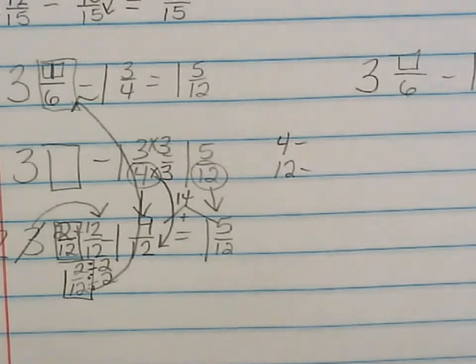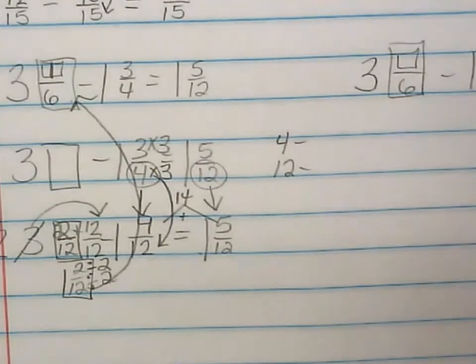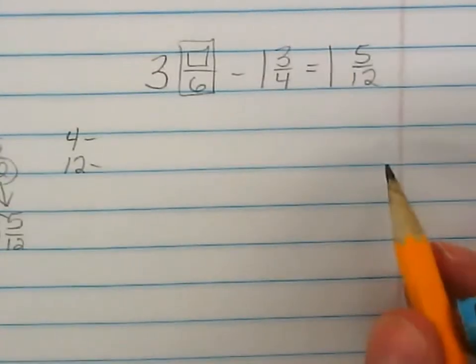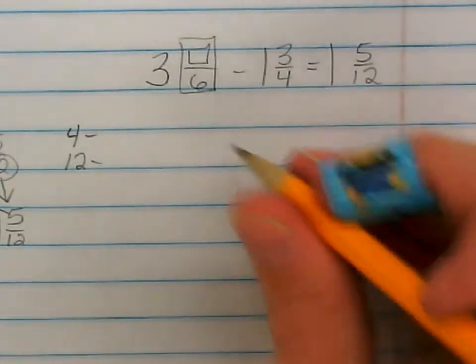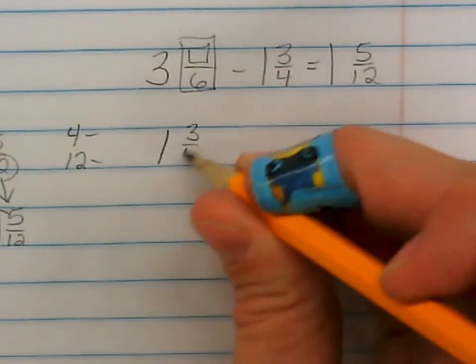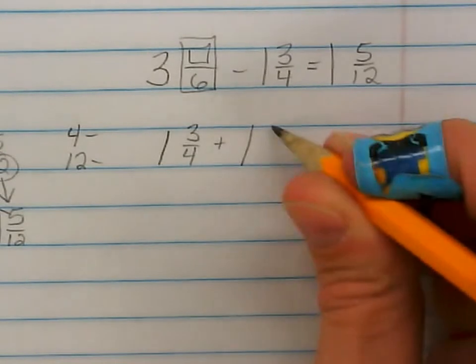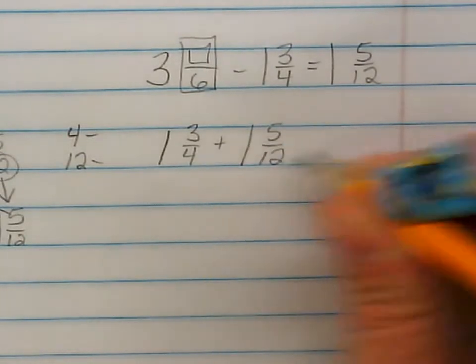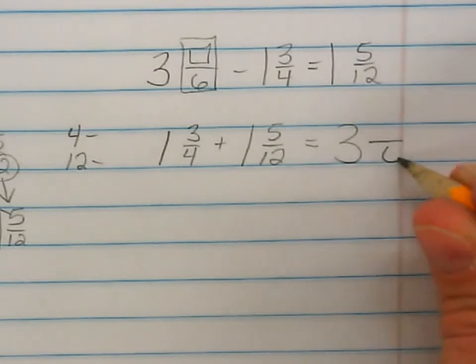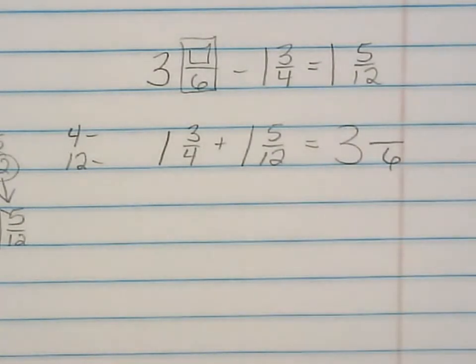And I'm going to rewrite it as addition instead of subtraction. So I'm going to rewrite it as 1 and 3/4 plus 1 and 5/12 is equal to 3 and something sixths.